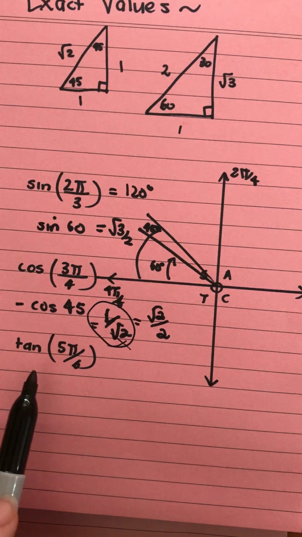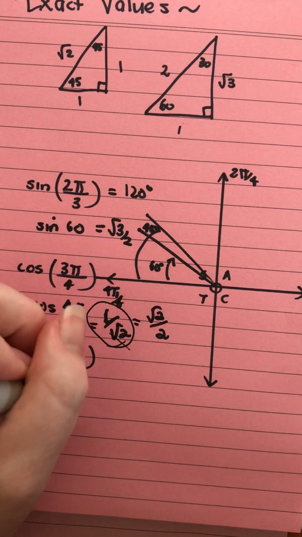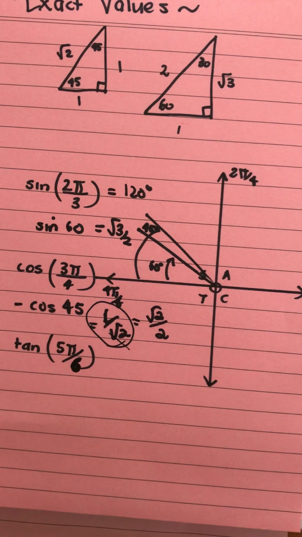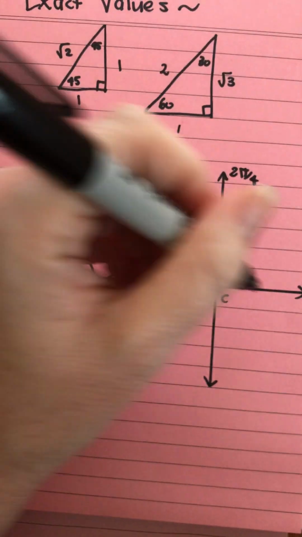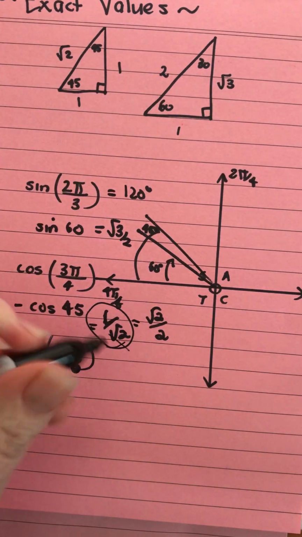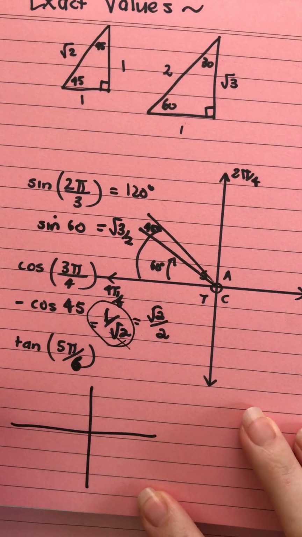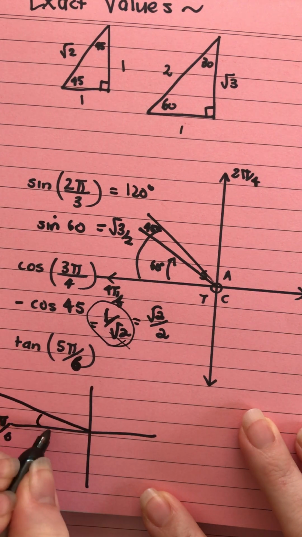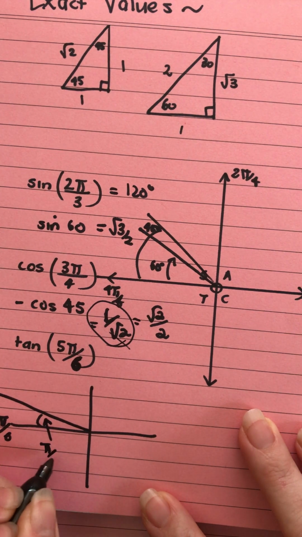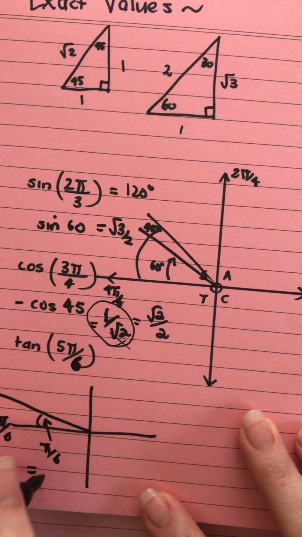Now the last one is tan of 5 pi on 6. So thinking about where that will feature. I know that if I go the whole way around, it's 6 pi on 6. So I'm going to redraw that and put my 6 pi on 6 there. But I haven't gotten the whole way, so this must be in there, pi on 6. Now I know that pi on 6 is 30.